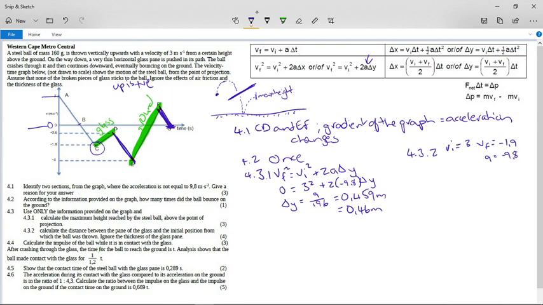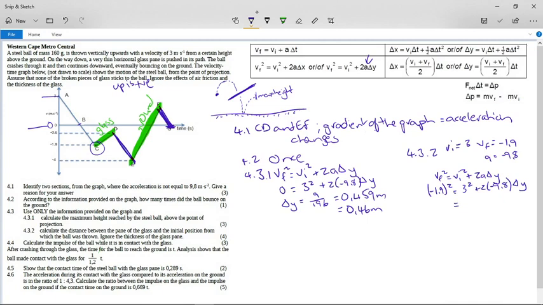Simply because this is a displacement and a velocity question, we can find the distance between the pane of glass and the initial position using exactly the same equation again, but with different values. VF squared equals VI squared plus 2a delta y. My final velocity is negative 1.9 squared, and it's going to be equal to 3 squared plus 2 times negative 9.8 delta y.